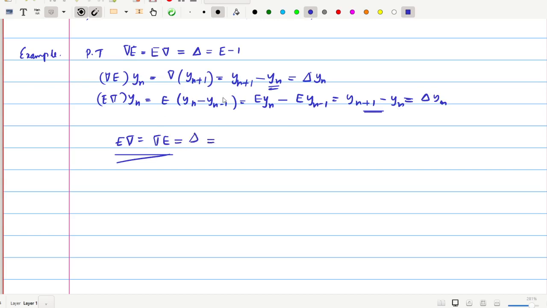And we have already seen in the previous relations that delta is nothing but E minus 1. So this proves the example. In a similar fashion, you can prove a number of relations between delta, E and 1, and delta, del and the shift operator. Thank you.